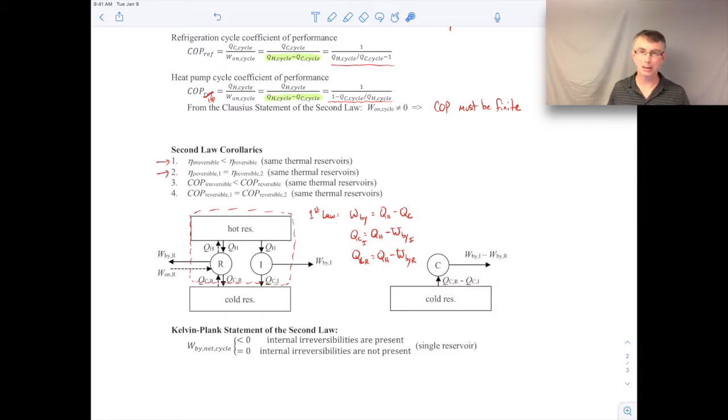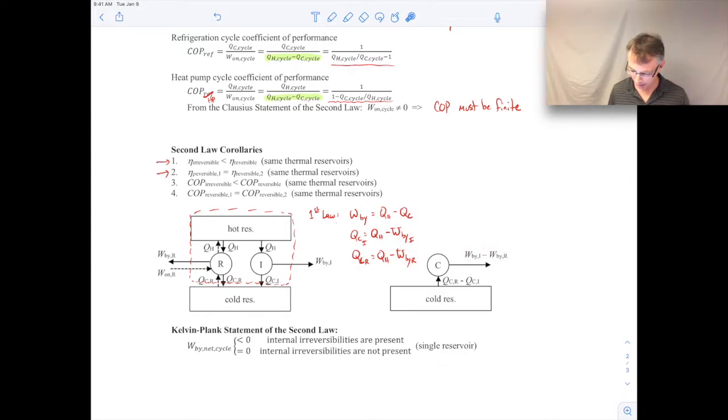Just to clean that up a little bit, I've redrawn the picture right over here, where C means the combined cycle, so it's the irreversible and reversible cycles combined. There is no hot reservoir here because, again, I'm putting QH into the hot reservoir and pulling QH out, so it's like there's no hot reservoir at all.